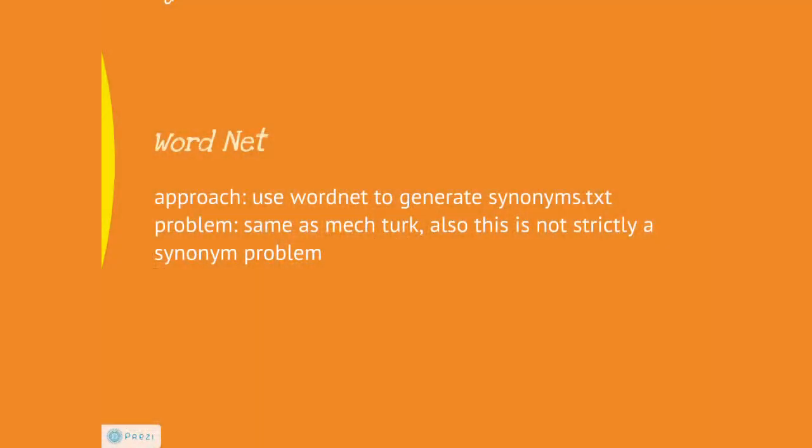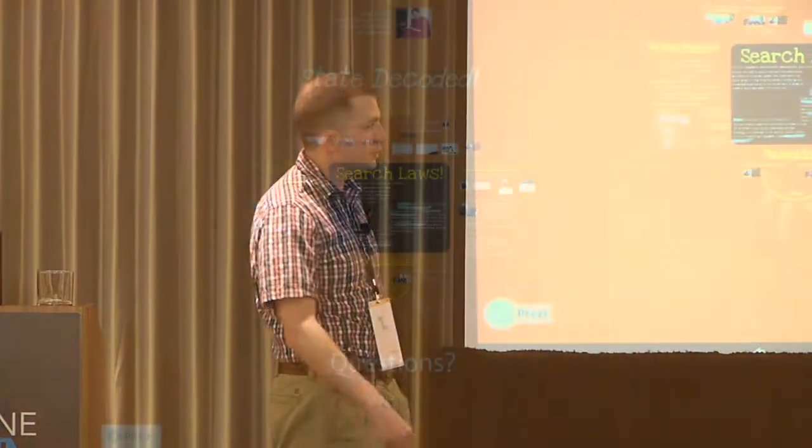Wordnet, I'm not sure we're going to keep looking at this, although there's a really good chance that just basic synonyms are going to get us maybe 40, 50% of the way there. So we might just end up using a combination of a plain synonyms.txt file with some of these other more advanced techniques.